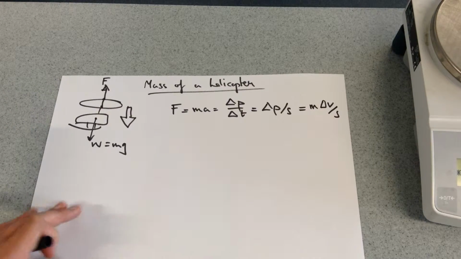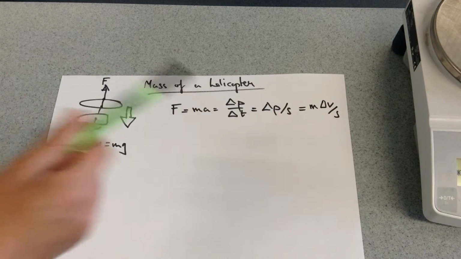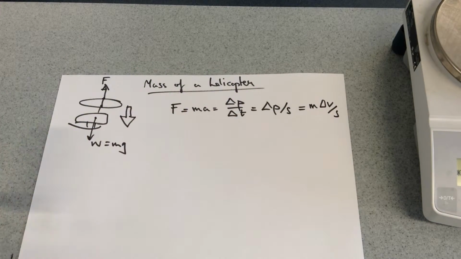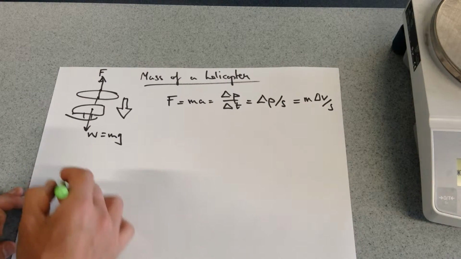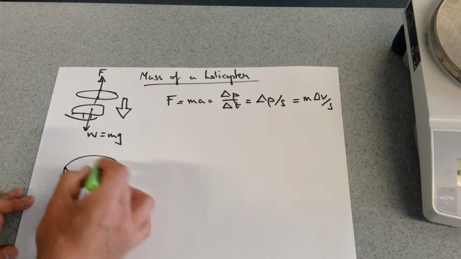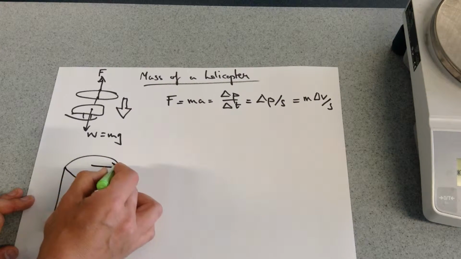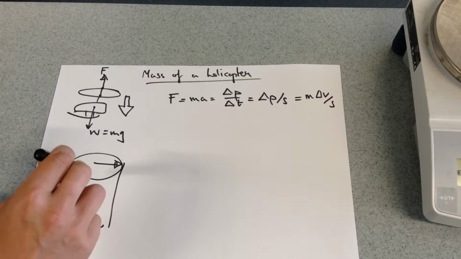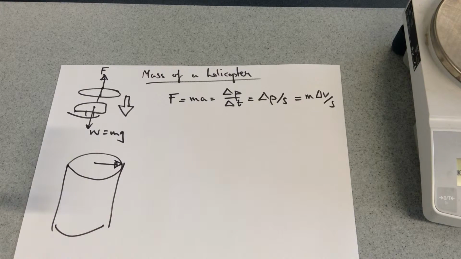So what we really need to work out is the velocity of the air being thrown down and how much mass is moving each second. So let's take a look at this instance. Let's imagine that this helicopter, with the propeller, is driving down a column of air, and that column of air is going to be a nice cylinder shape.